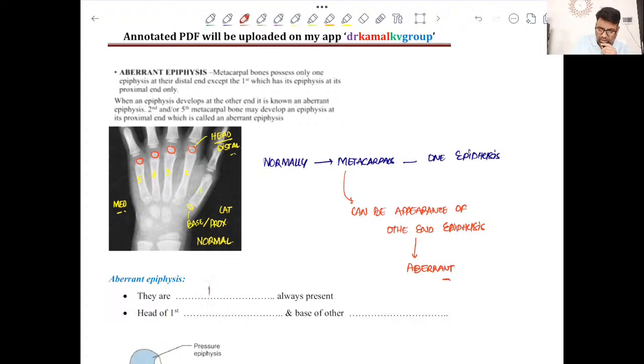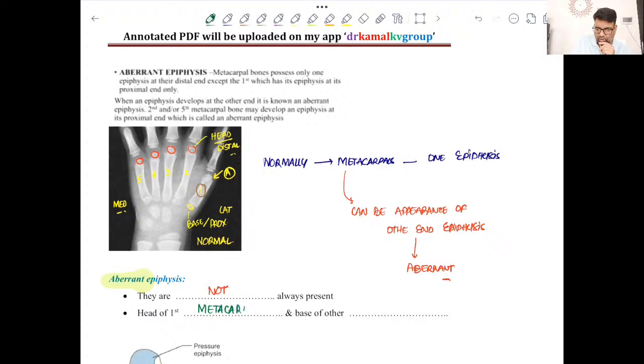So they are not always present, and if we are talking about the aberrant epiphysis, they have to be on the other side of the normal location of epiphysis. So in first metacarpal the normal epiphysis is present at base, so the aberrant will be present at the head. So what you will write? Head of first metacarpal.